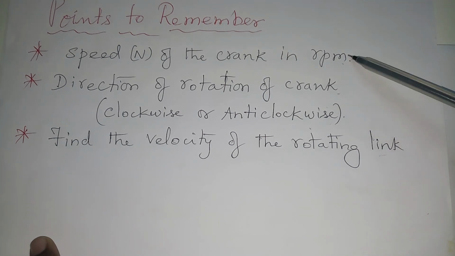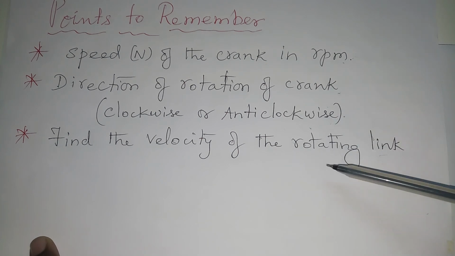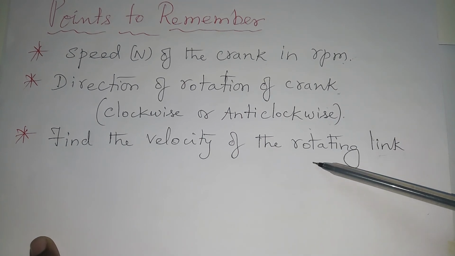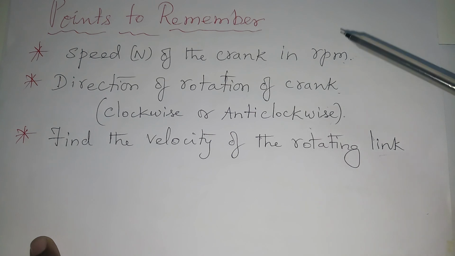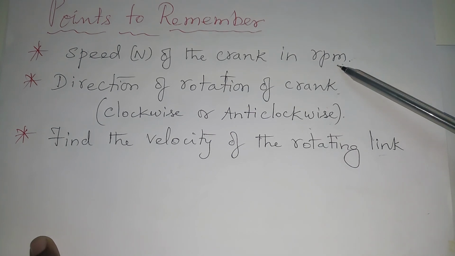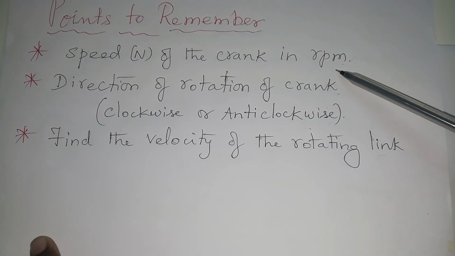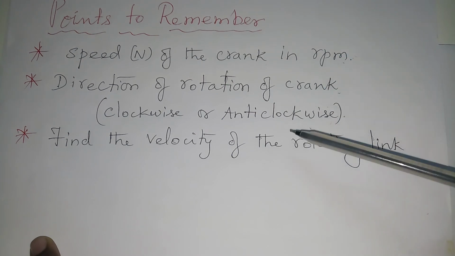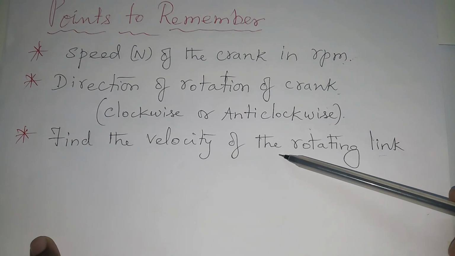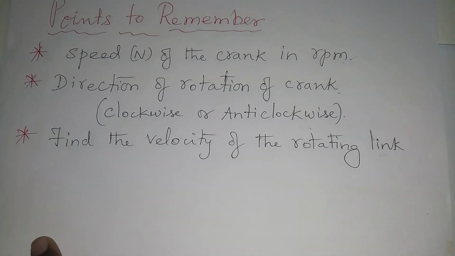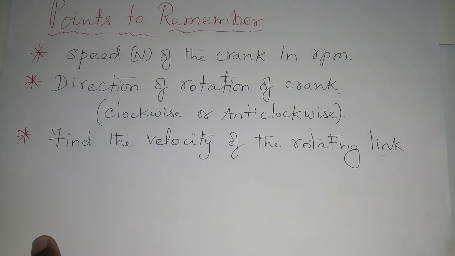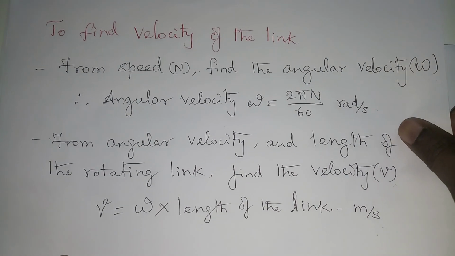Once you know these two data, you have to find the velocity of the rotating link. Sometimes instead of speed they will directly give the angular velocity. Whether speed or angular velocity is given, no problem, you can go for finding the velocity of the rotating link. This we have also seen.